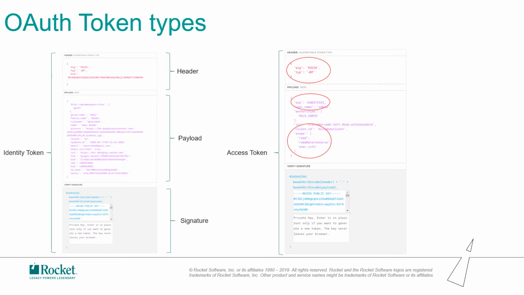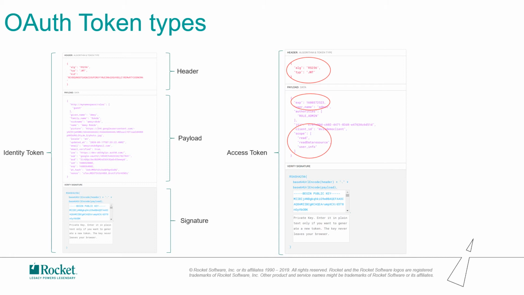So let's delve a little bit more into the aspects of this token. Now that we understood the players involved in the OAuth flow, it is a token-based authentication and authorization mechanism, which is obviously standardized in the form of JSON web tokens. The structure which you see has a header, a payload, and a signature.